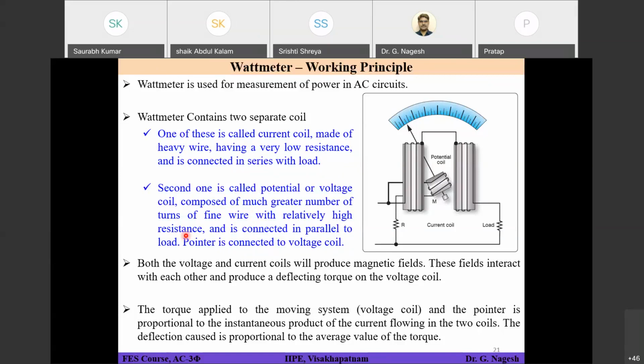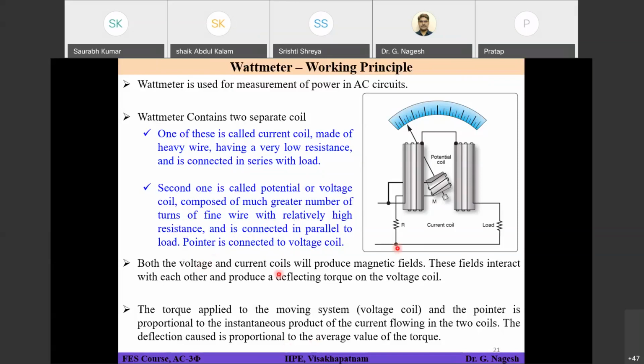It has to measure the voltage. So it will have very fine wire, that means not much current carrying capability. To reduce the current flowing through it, you will have a resistance connected in it, and it is connected in parallel to the load.